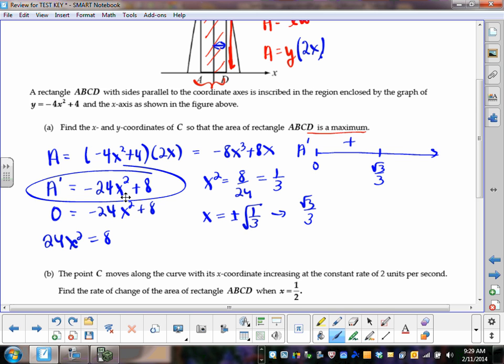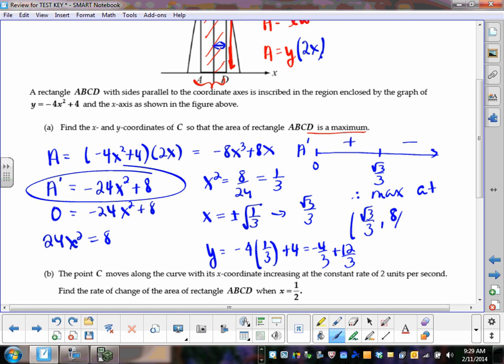If we substitute something like 10 in, we're going to get negative 2400, so that's negative. So therefore we have a max at x will be root 3 over 3, and then the y value. Well, the y value is negative 4x squared, which is 1/3, plus 4. So negative 4/3 plus 12/3, so 8/3.